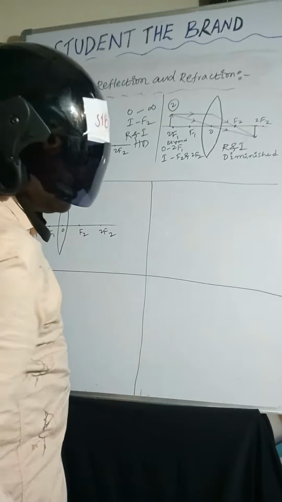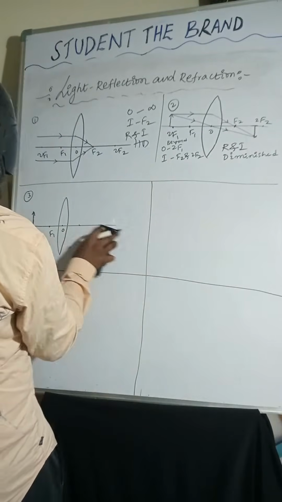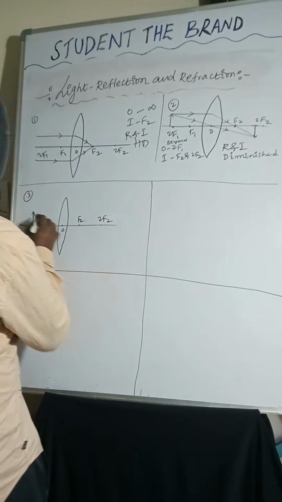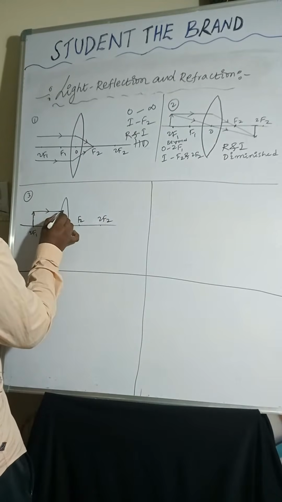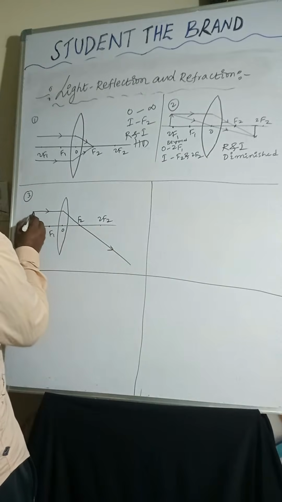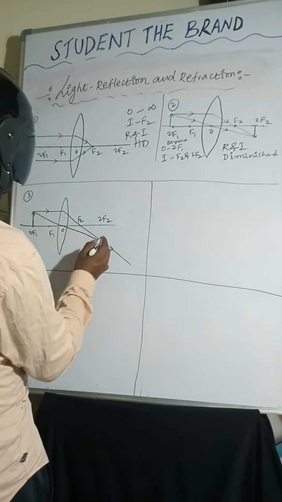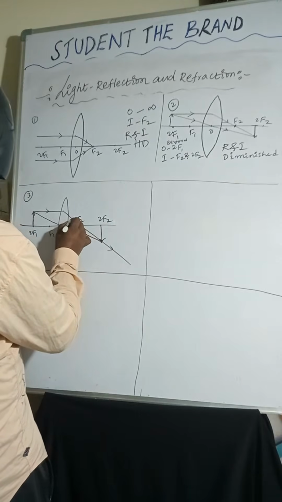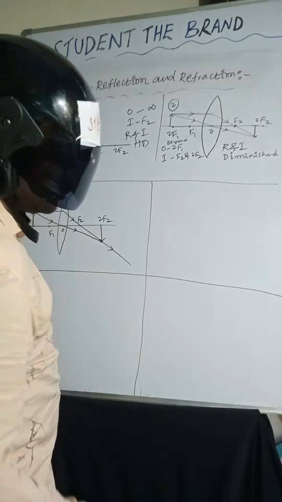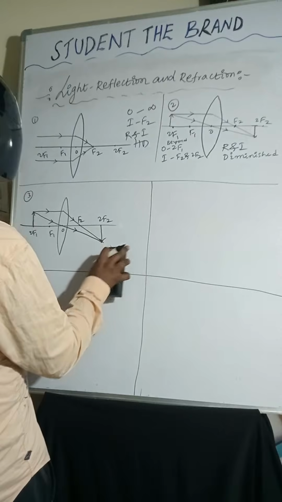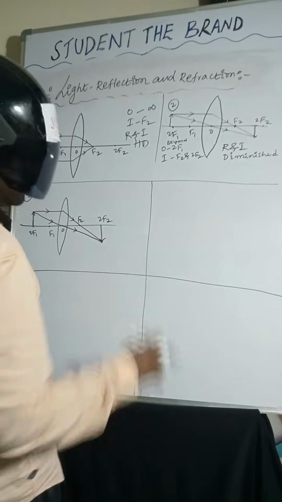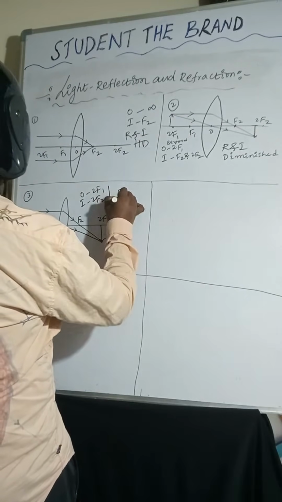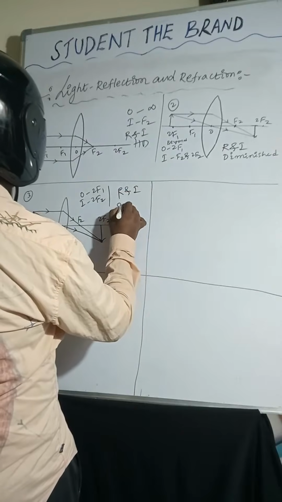So image also will form at 2F2. Object is at 2F1, image will form at 2F2, nature of the image is real and inverted, and same size.